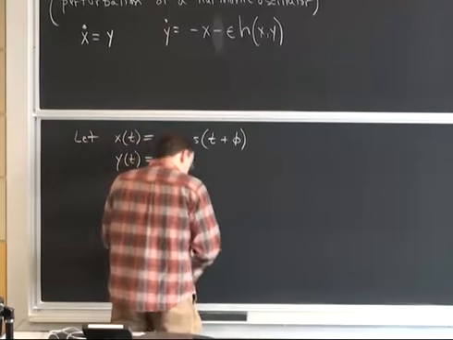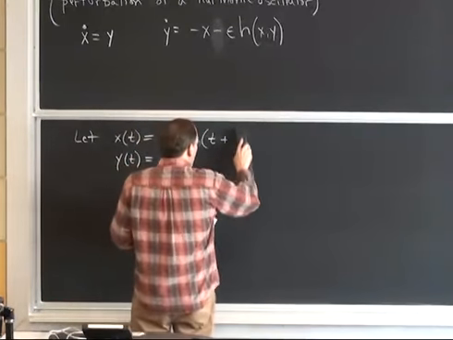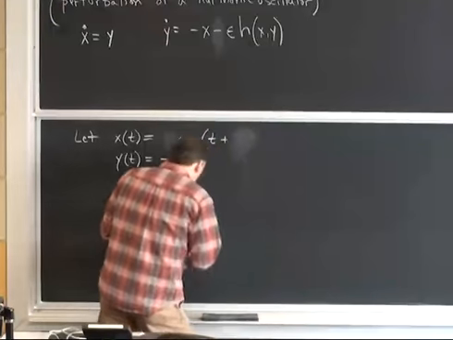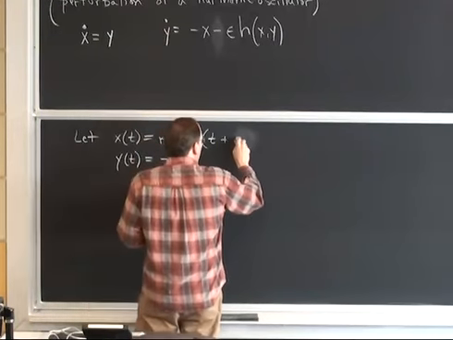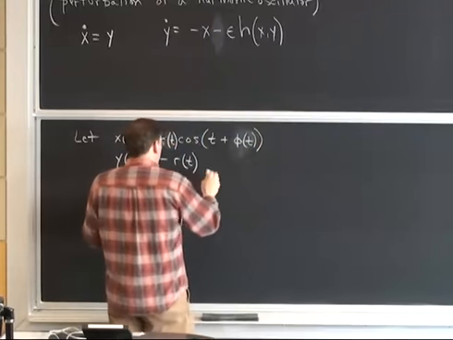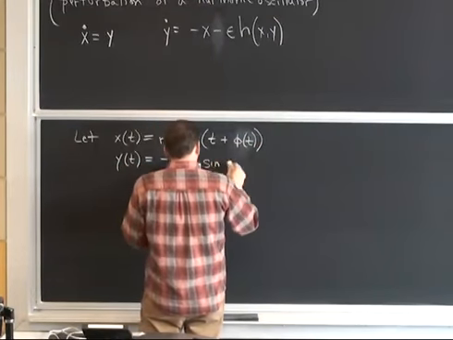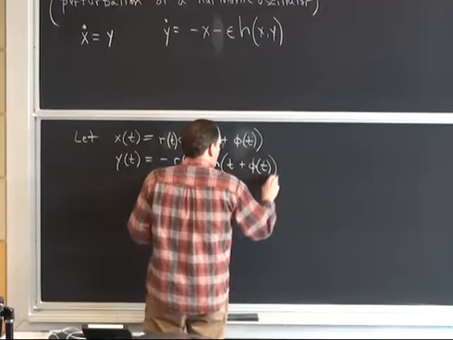Maybe I should write it with the explicit t in here. Actually, it'll look better. That is, the phi and the r are no longer regarded as constants. So I have r of t, phi of t.